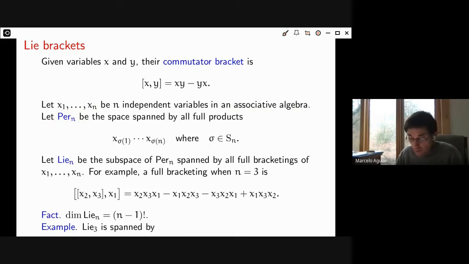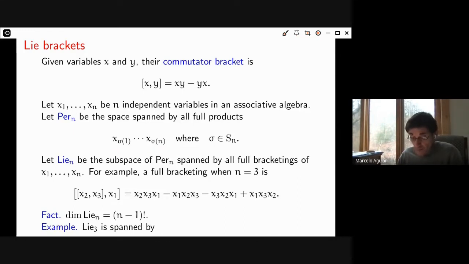Pair refers to permutations. It is a vector subspace spanned by a bunch of elements indexed by permutations of the n letters. What we do simply is to list them in a particular order, so choose a permutation and take the product of the n variables in that order.